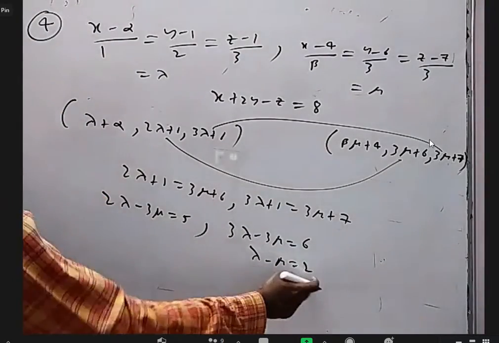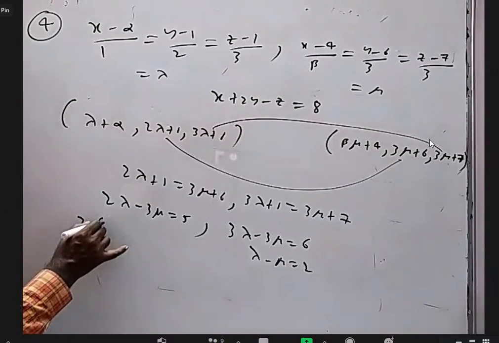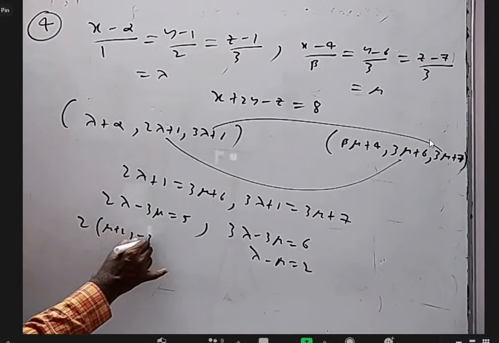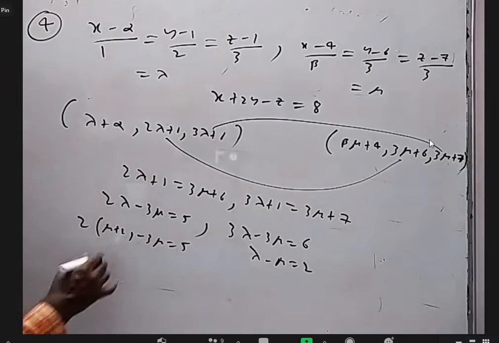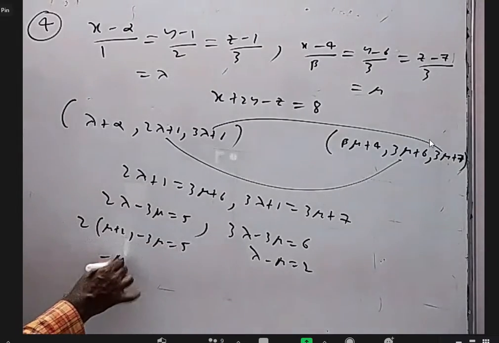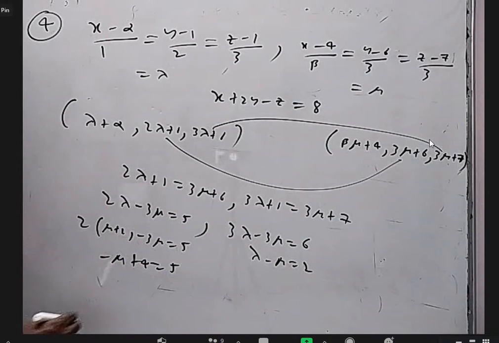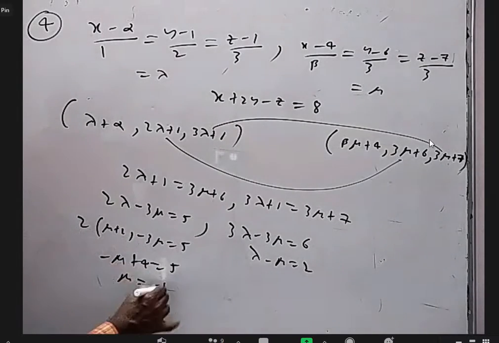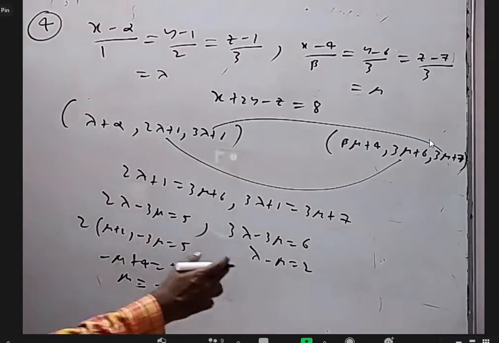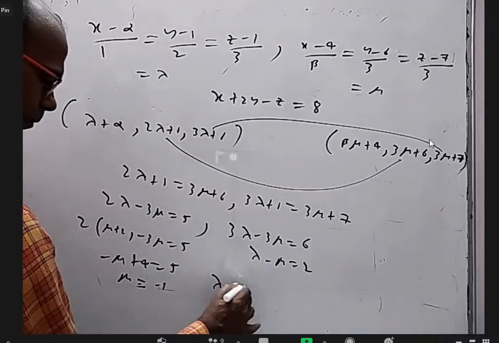So wherever lambda is there, I can write mu plus 2. That will become mu plus 2 minus 3 mu is equal to 5. 2 mu minus 3 mu is minus mu, plus 4 is equal to 5. So mu is equal to minus 1. Mu equal to minus 1 means lambda equal to 3.